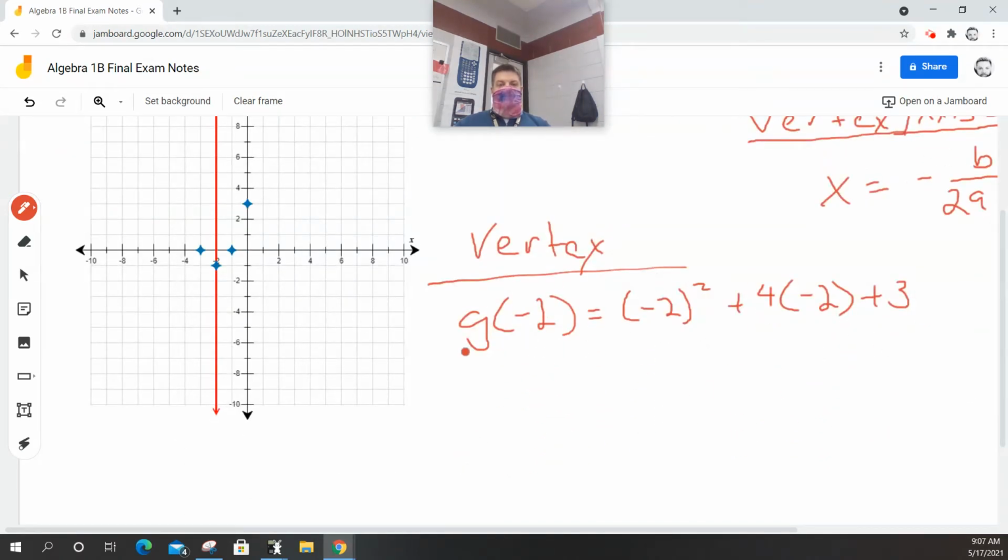So I'm trying to find the y value. g of negative 2 equals, this becomes positive 4 because negative 2 times negative 2 is a positive 4. 4 times negative 2 is a negative 8, and then we tack on the 3. 4 plus 3 is 7. 7 minus 8 is negative 1. In other words, the vertex occurs at negative 2, comma, negative 1. That's the vertex.